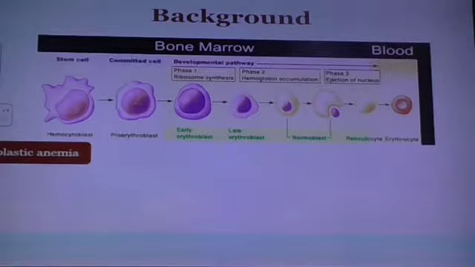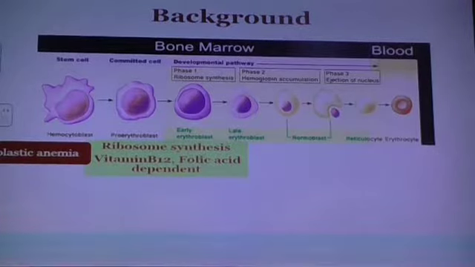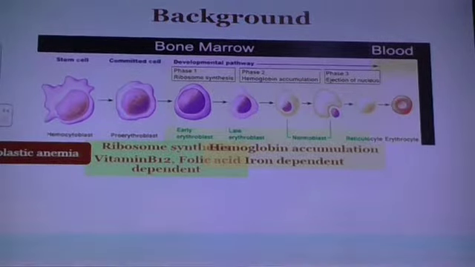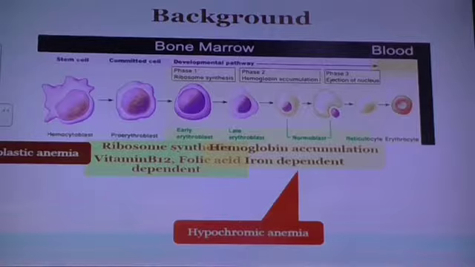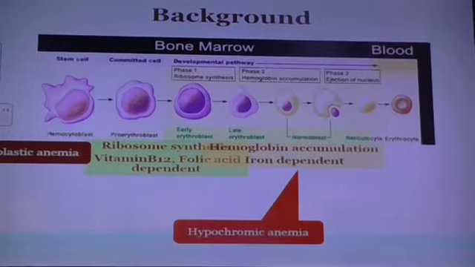But if production does not happen at all, from a problem with the hematopoietin hormone, it causes aplastic anemia, meaning there is nothing at all. And if something goes wrong at the end, especially during maturation, you get hypochromic anemia.